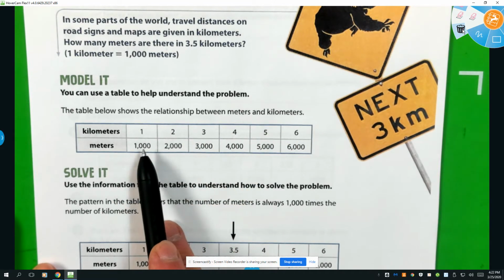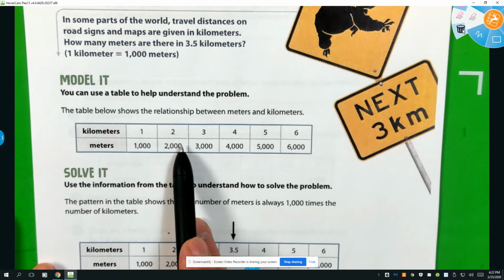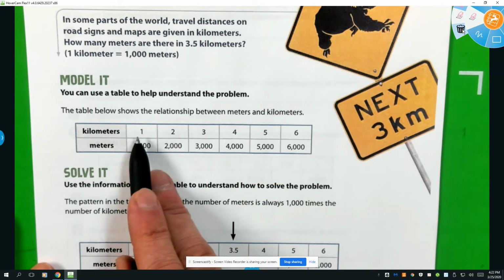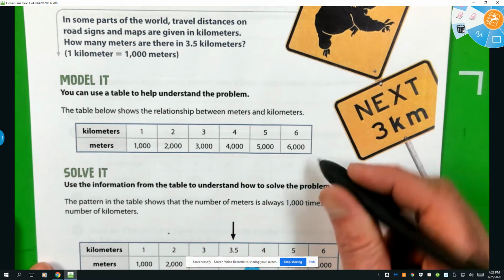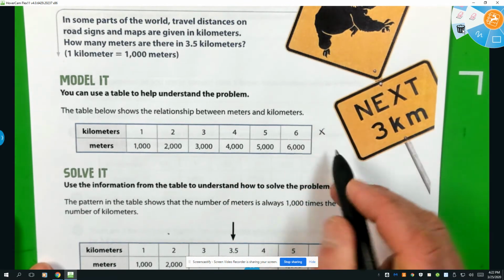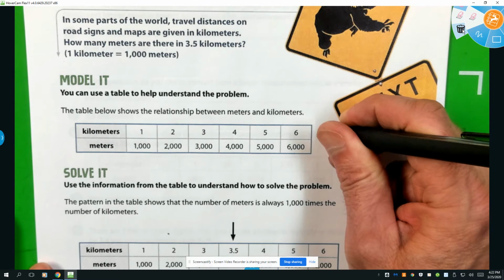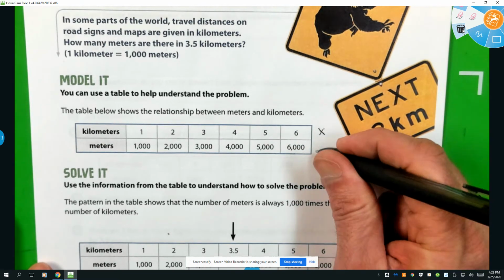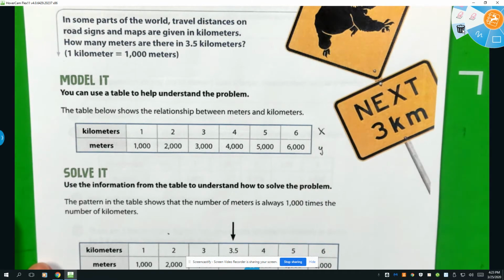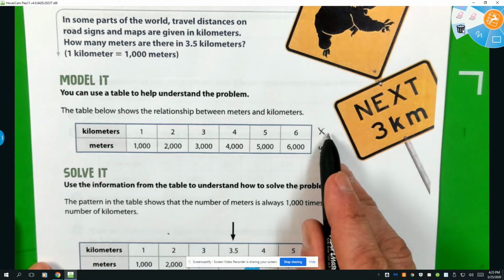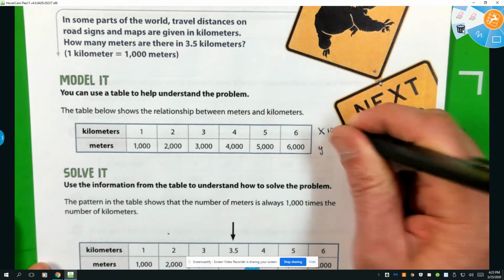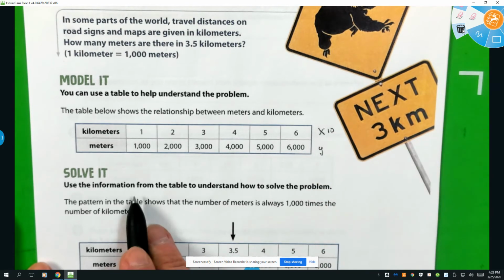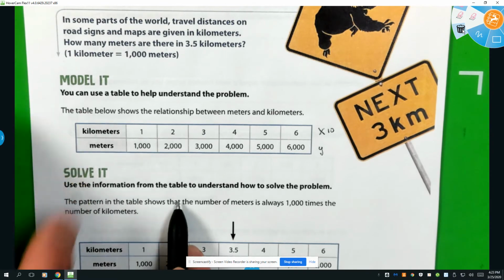So look at that, 1,000 meters for every 1 kilometer. Nice relationship. And that would allow us, if we know that for every 1 kilometer, this we could call X, all we would have to do is multiply it by 1,000 to get what we would call Y at any point. So if I had 10 right here for 10 kilometers, I know that it would be 10,000 meters. Now you could go down to solve it.